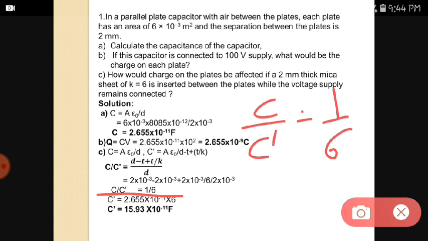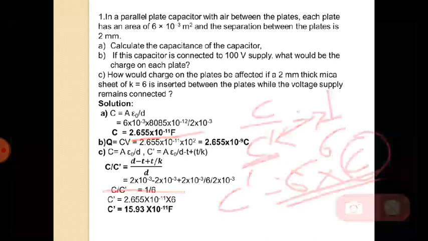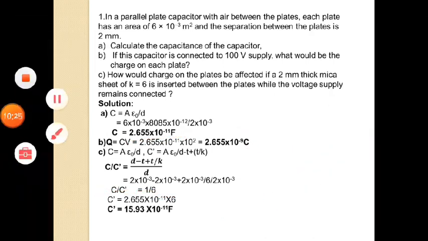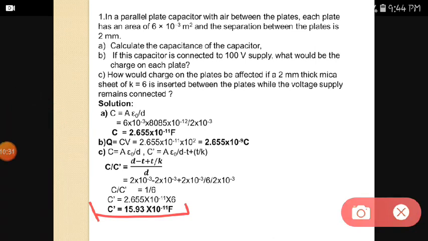What we have to find out is C dash, right? So C dash will be 6 into C. Am I right? So what is the value for C? We have calculated it. By multiplying it by 6, we get C dash, which is 15.93 into 10 to the power minus 11 farad. Okay, so this is it.